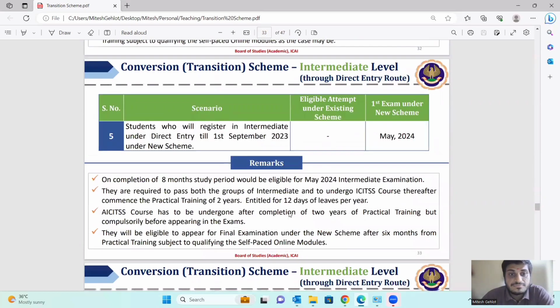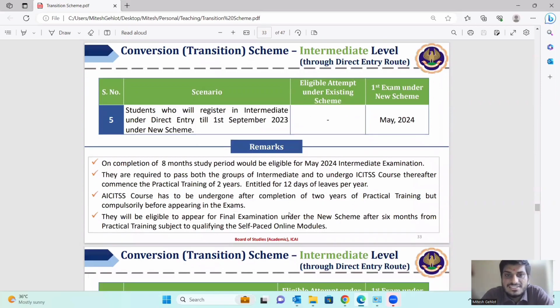Next one is students who are going to register in intermediate under direct entry till September 23. So anyone who is going to register till September 2023 under this direct entry scheme will be eligible in May 2024, because there is a period of 8 months which we have to follow for the study period. So 8 months study period needs to be followed here.